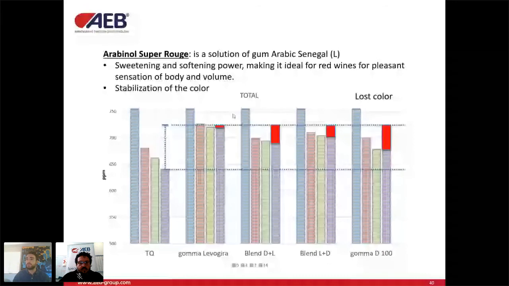The Arabinol Super Rouge, 100% Acacia Senegal, was the best gum arabic to protect color. And in fact, after 14 days of aging, there was almost no color loss in the wine. Also, this gum, as I said before, is the one that gives the most sweetening and softening power in the wine.